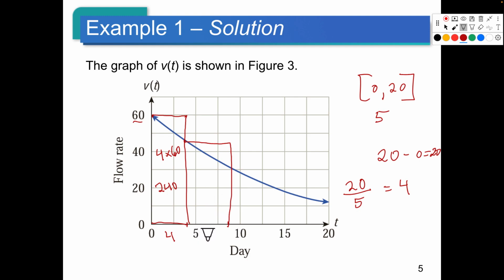Let's see, that's 1, 2, 3.5, 4. This should be a little bit shorter, but we'll say that's still 4. What's this height? Somewhere between 40 and 50, right? Maybe 46, maybe 45. It's an estimate.